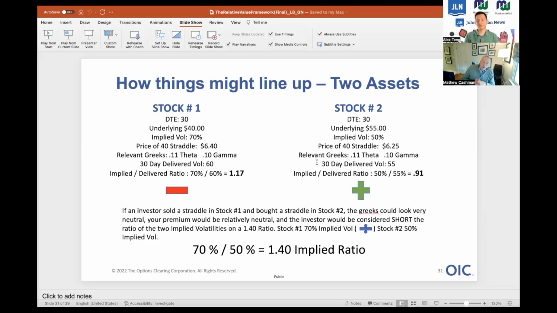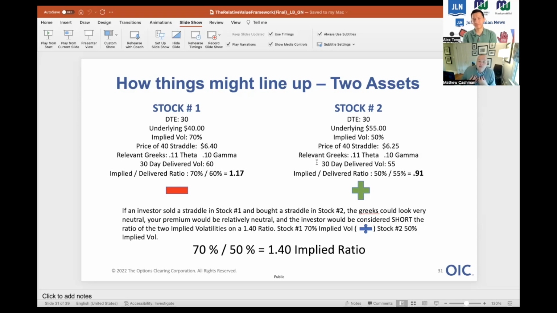You would be considered short the ratio of these two implied volatilities on a 140 ratio. So what this means is that each of those stocks has its own ratio of implied divided by delivered. And that's generally how people look at it and decide whether or not it's expensive or cheap, relatively speaking.